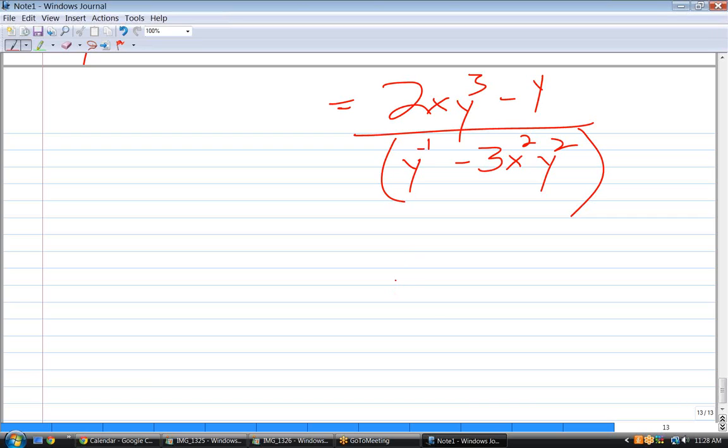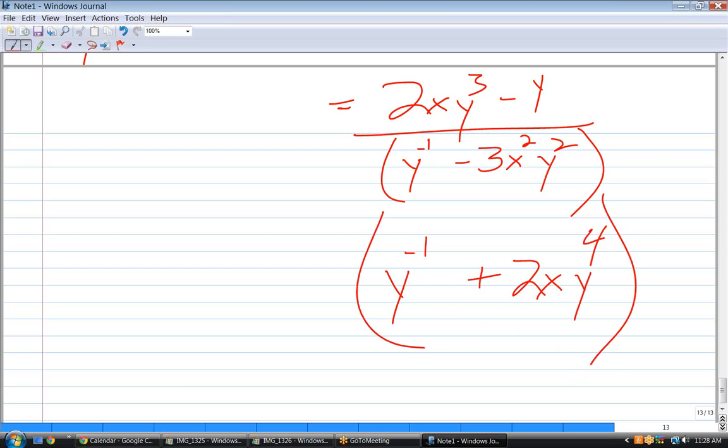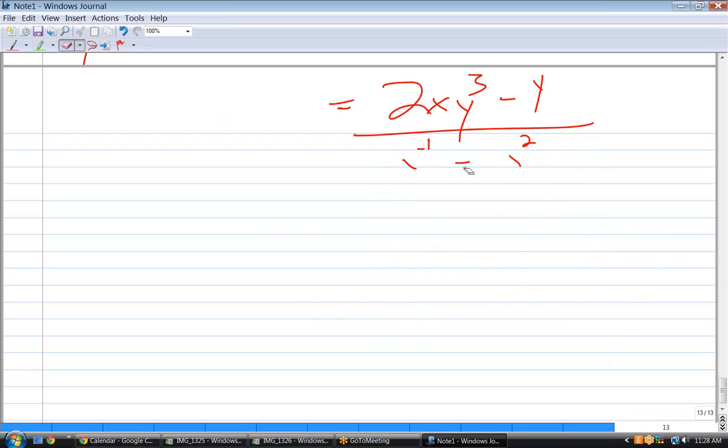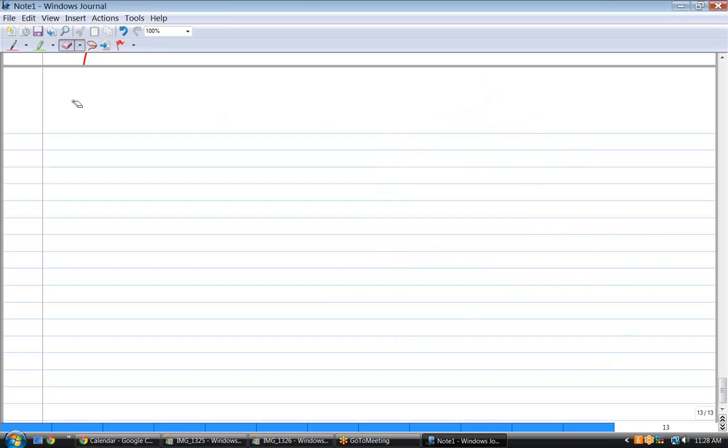Sometimes, if I've got a y to the minus 1 plus 2x y to the fourth, I can factor out a y to the minus 1 there, turning this into y to the fifth, I'll have my y to the minus 1 out here, and a 1 here. That would be useful if anything simplified with a numerator, but perhaps we better wait until we get those kind of problems before I really confuse you with it.